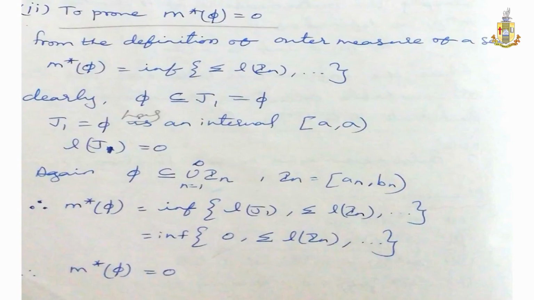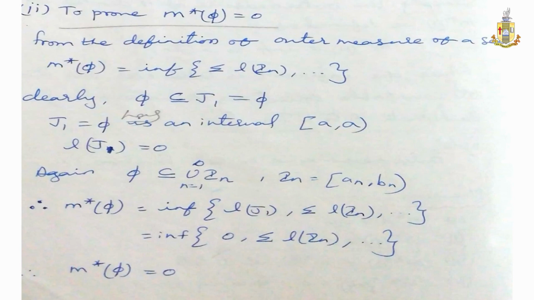Second subdivision, we are going to prove that m star of phi equal to 0. So again, from the definition of outer measure of a set, m star of phi is equal to the infimum of summation L of In, etc. Clearly, phi is contained in or equal to J1, which is equal to phi. Here J1 equal to phi, it has an interval of the form closed [a, a). When we take the length of this interval, you will be getting the value as 0.